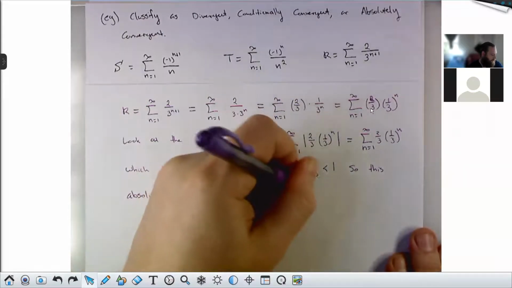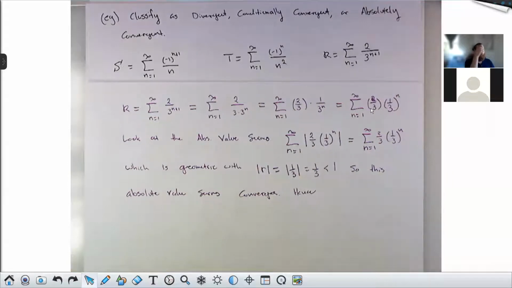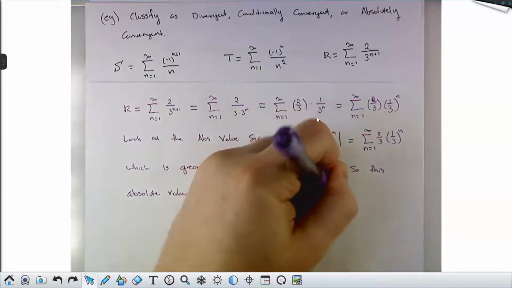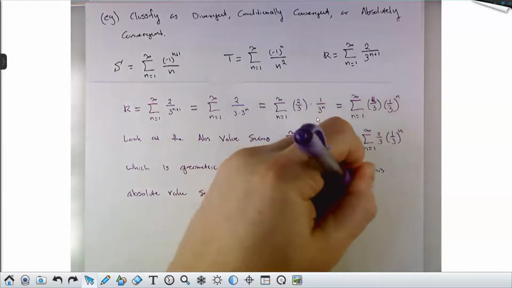Hence, what can I say about the original series? Yeah, perfect. If the absolute value series is convergent, and here that's true, then the original series not only converges, but converges absolutely.